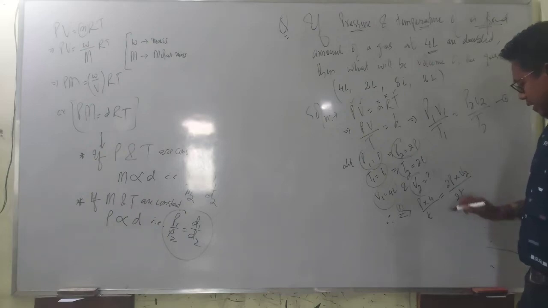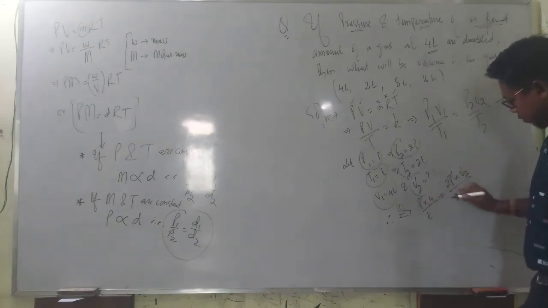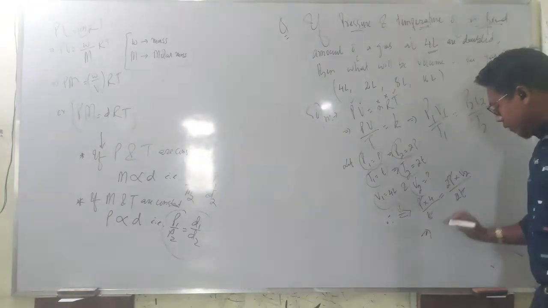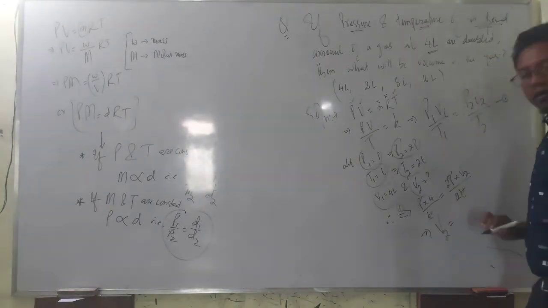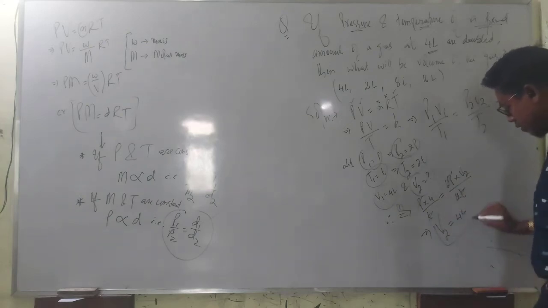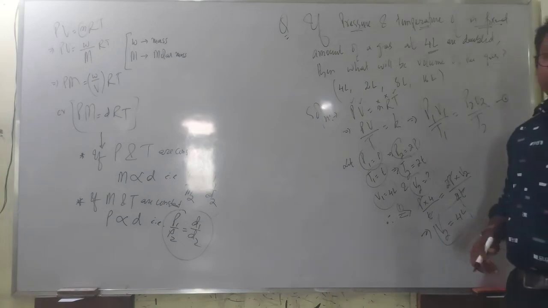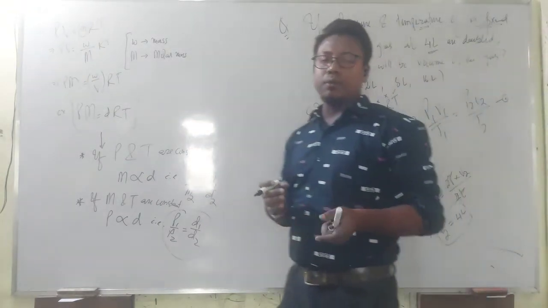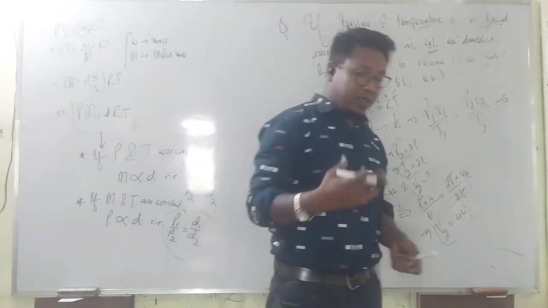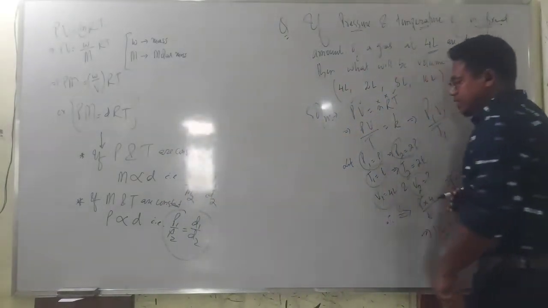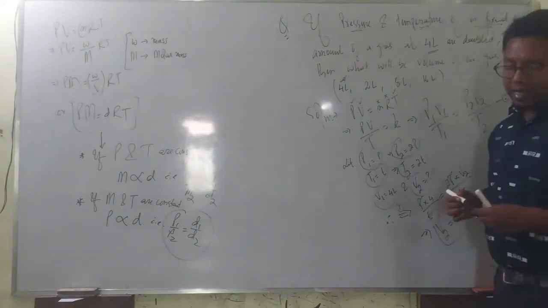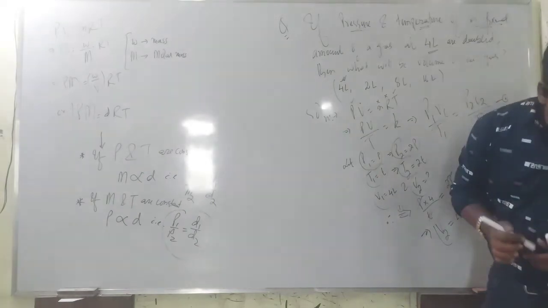Now P and P cancel out, 2 and 2 cancel out, T and T also cancel out. So we get V2 is equal to again 4 liters. So volume does not change. If both pressure and temperature of the gas are doubled for a fixed amount of gas, then the volume remains constant. So our correct answer is 4 liters.